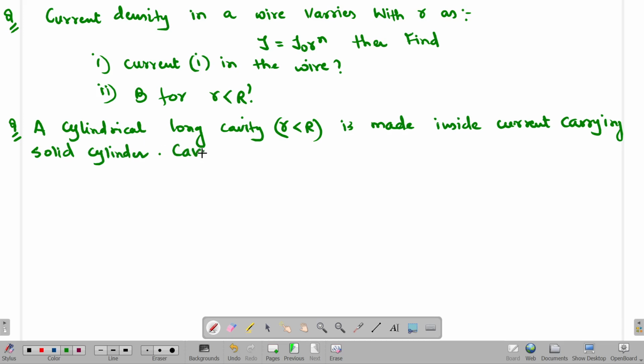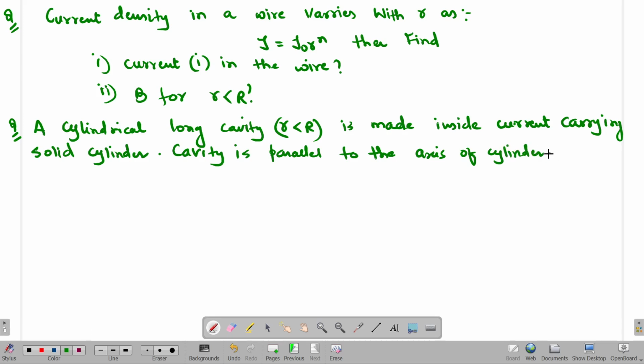This cavity is parallel to the axis of the cylinder. Got it?